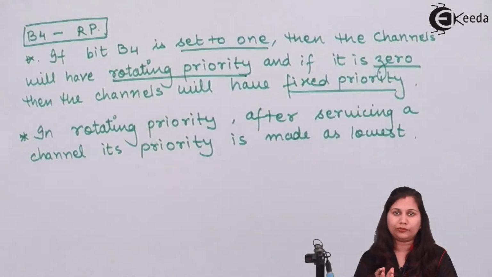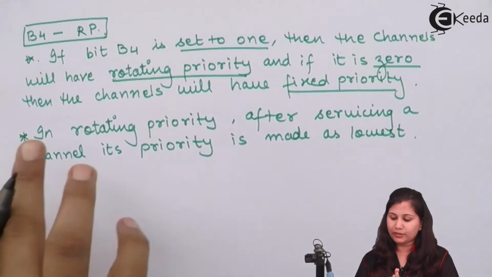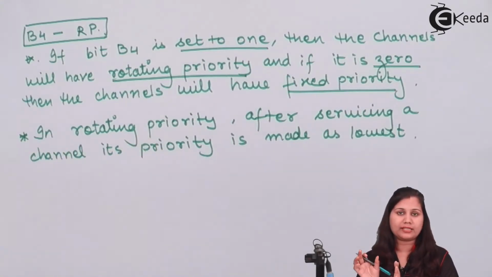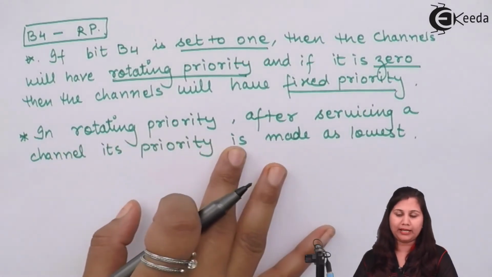Suppose all the four channels are connected and first channel 2 data is transferred. After the data of channel 2 is transferred, its priority is made the lowest. Then suppose channel 3 is transferred, then its priority will be made lowest. Then if channel 4 data is transferred, then its priority will be made the lowest. So in this way, the priority is decided in the rotating priority.